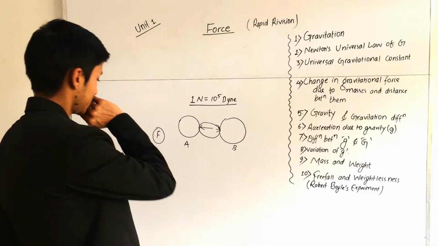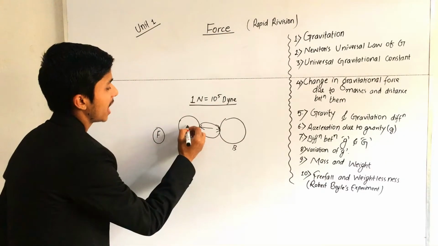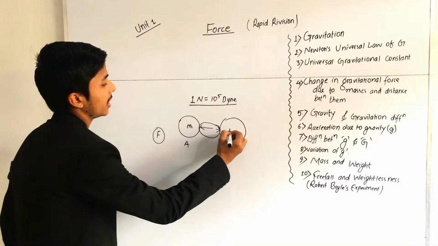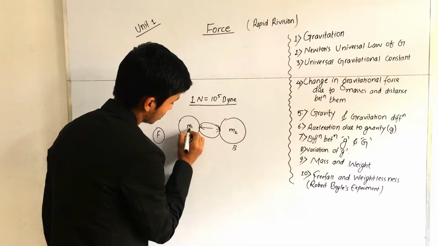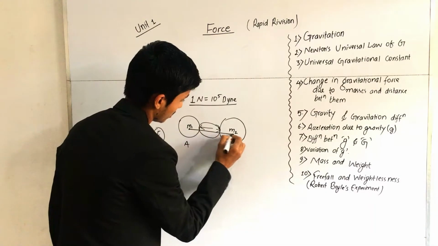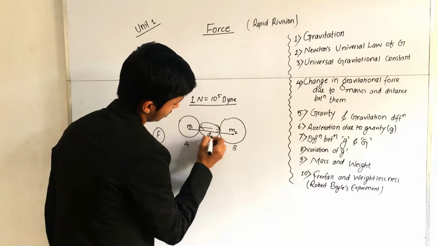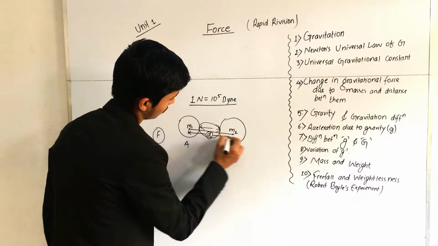It means, suppose this is a body having mass m1 and m2. Let this be the center of a body, and let this be the distance, from here to here.